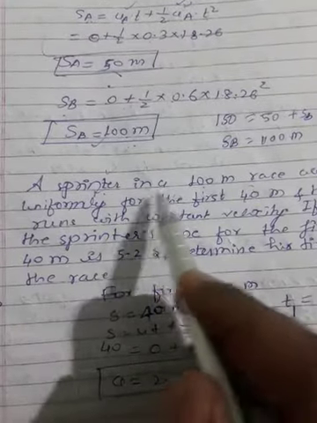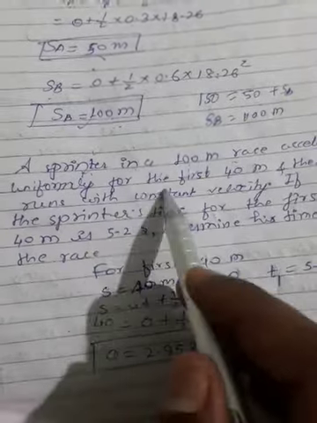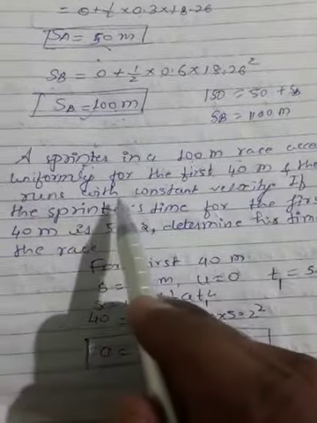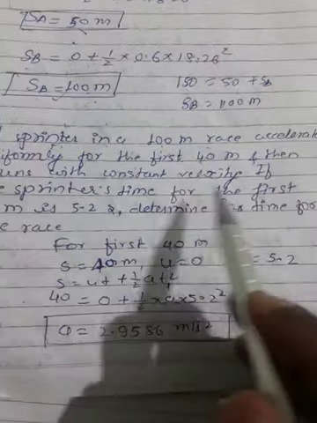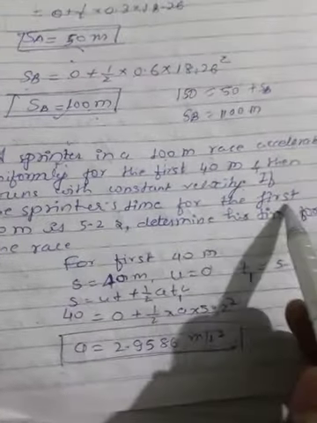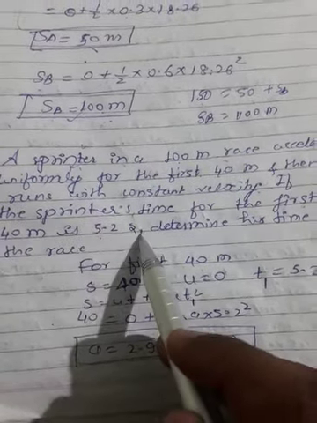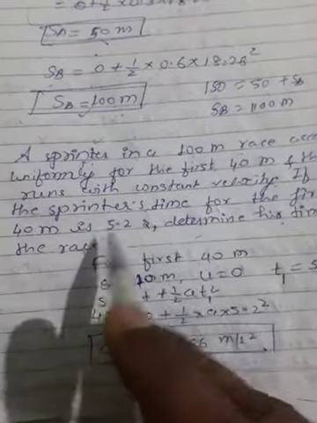A sprinter in a 100-meter race accelerates uniformly for the first 40 meter and then runs with constant velocity. If the sprinter's time for the first 40 meter is 5.2 second, determine his time for the race.